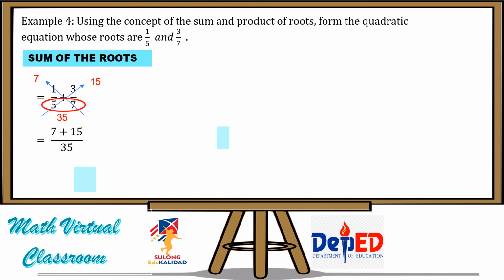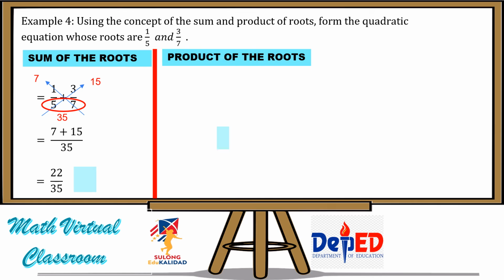And 7 plus 15 is equal to 22. Therefore, our answer is 22 over 35. This is the sum of the roots. How about the product? We multiply the two roots, 1 over 5 times 3 over 7.